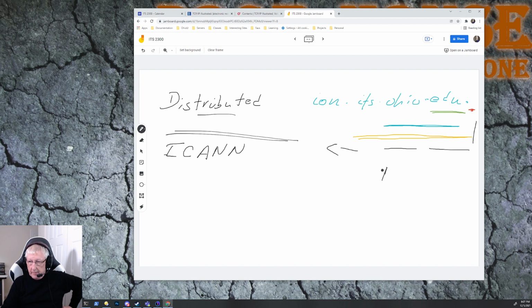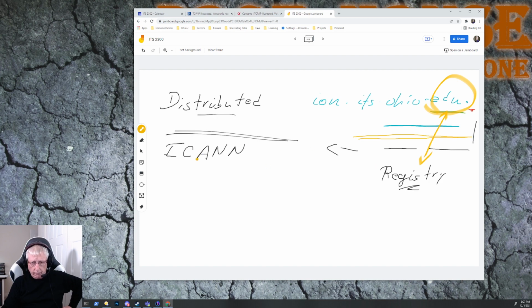I keep getting myself mixed up. This is called a registry. So the edu registry will make sure that edu name servers exist and that they have the correct information, in particular the information about where the name servers for all the subdomains are: osu.edu, ohio.edu, msu.edu, whatever. All the different universities that are part of that top level domain.